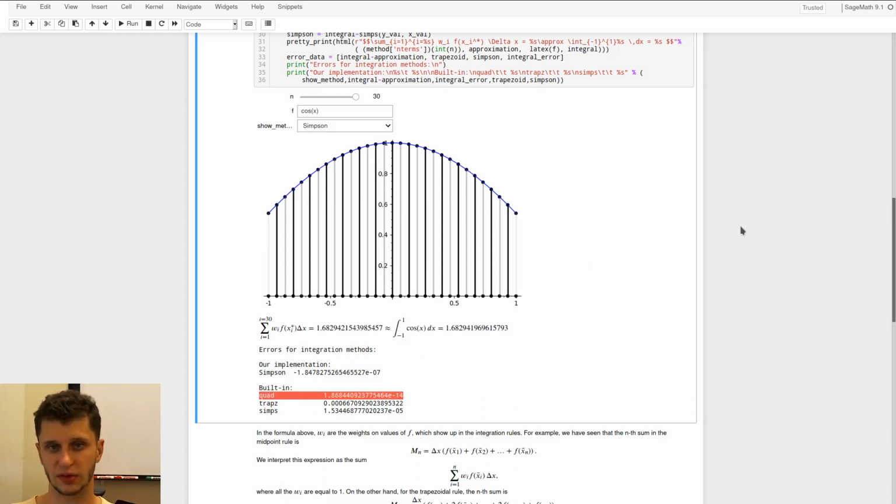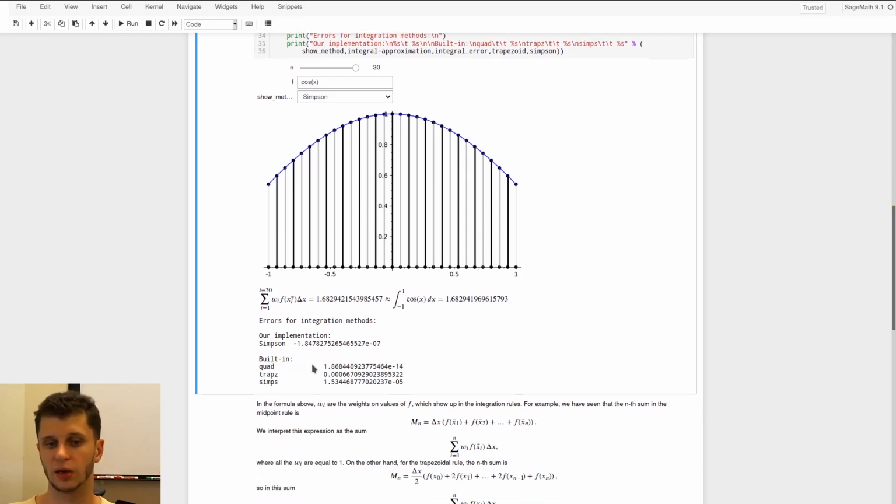But of course, you can see that this computer algebra system, SageMath, uses some even more advanced methods that allow it to get much, much better precision here. So instead of 1 times 10 to the negative 7th, it gets a precision of 1 times 10 to the negative 14th. And the limitation on improving precision even further after this would be the machine precision.